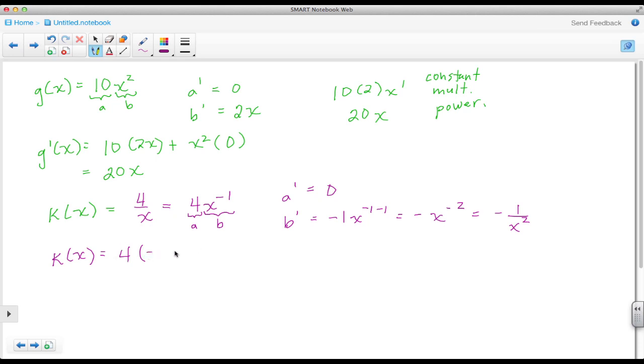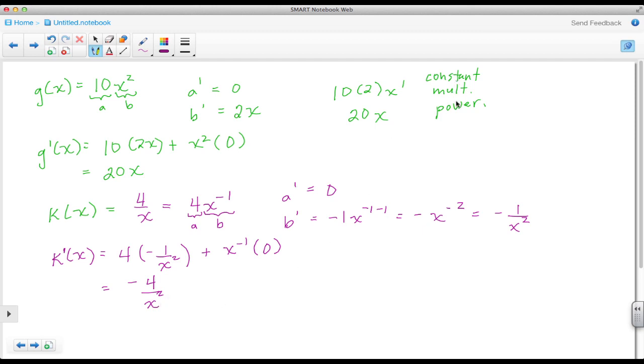In this case is negative 1 over x squared, plus, now I'm going to write the b factor, which is x to the negative 1, and I'm going to multiply that by the derivative of a, which is in fact 0. And now I've got negative 4 over x squared, and 0 times that is just 0, so I won't write that. So here the derivative turns out to be negative 4 over x squared.